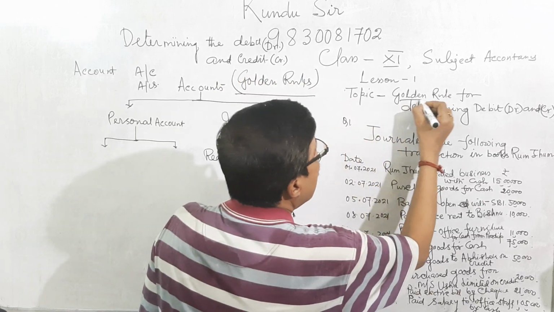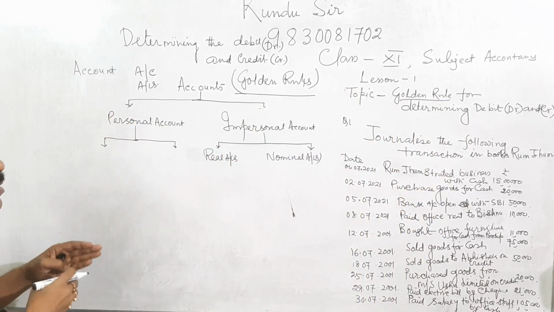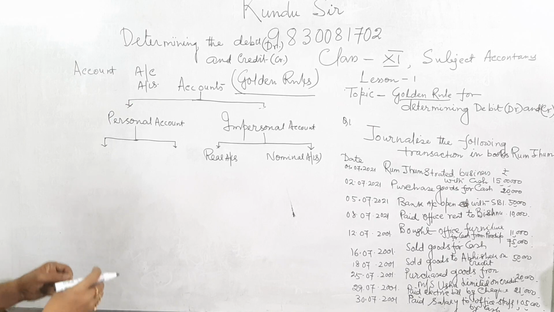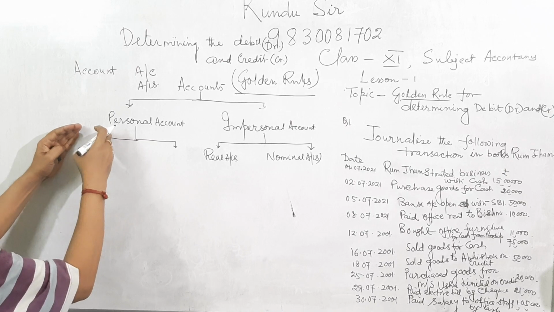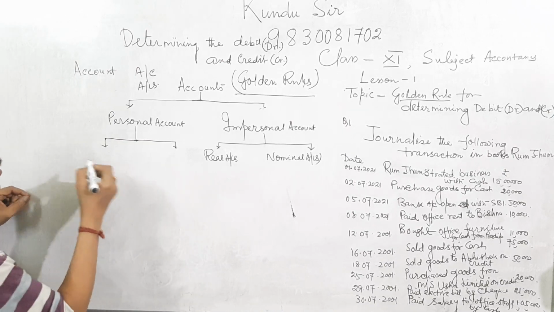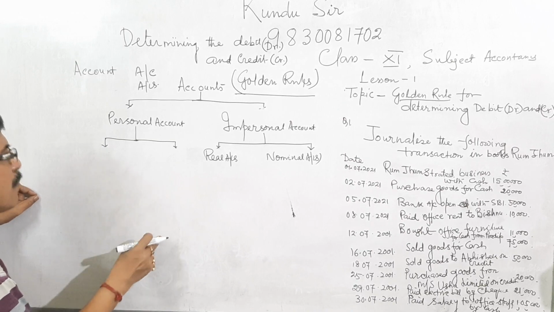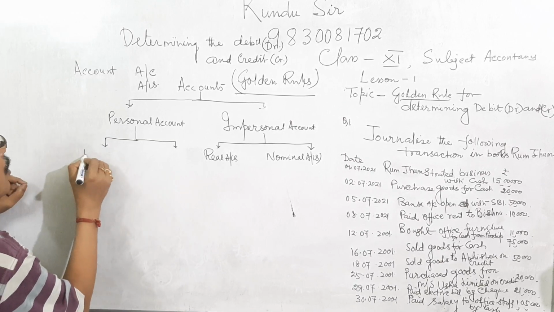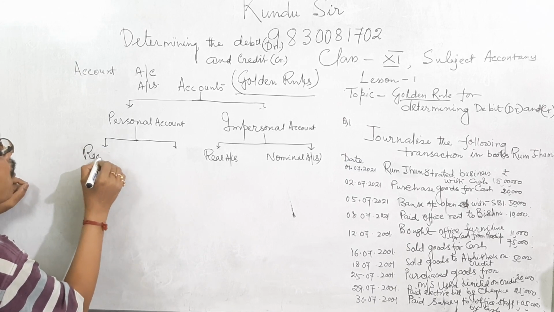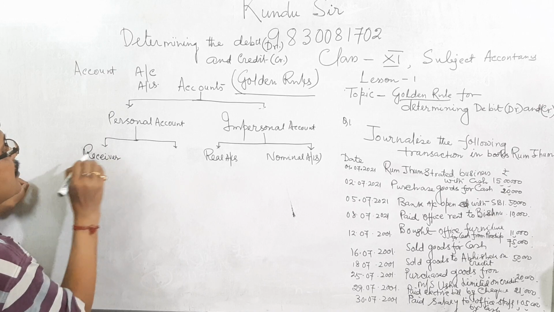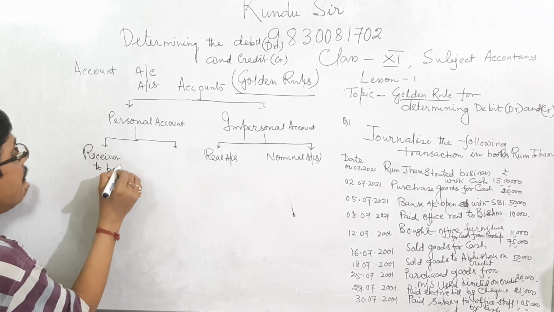Now we are determining which one will be debited and which one will be credited. In case of a personal account, who is the person? I will write the name of the person. I will give some examples. For the personal account, the receiver is to be debited.